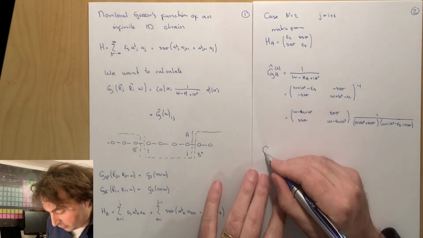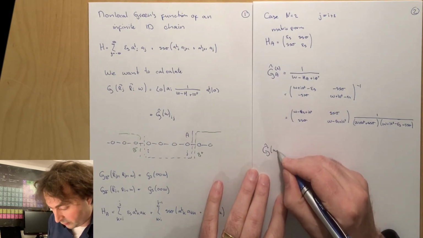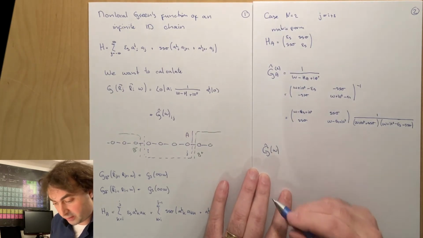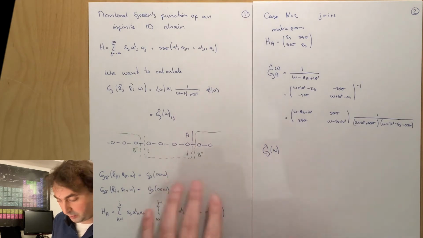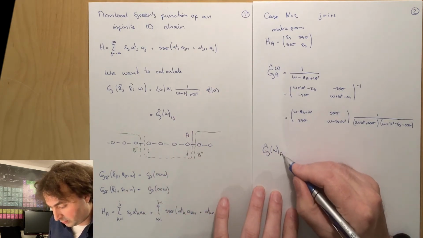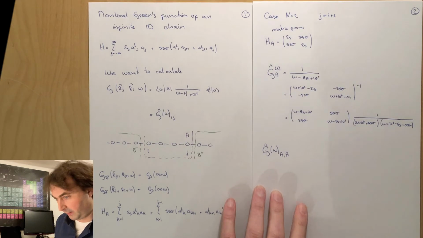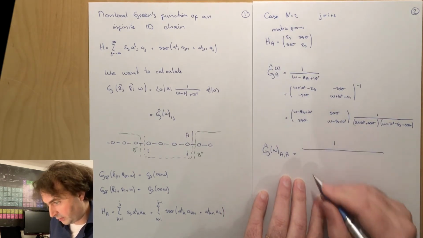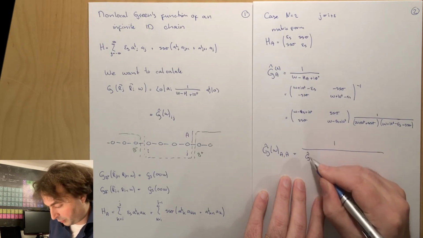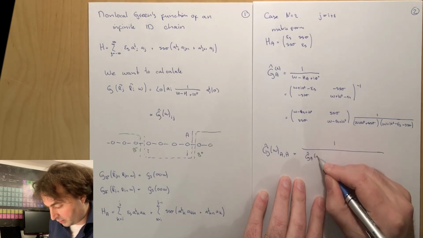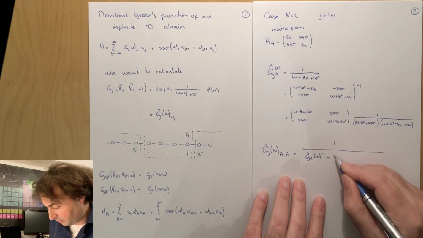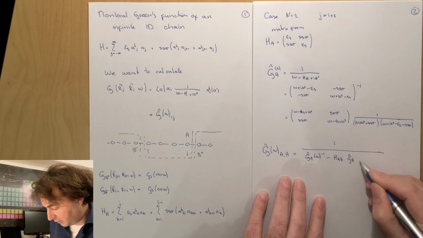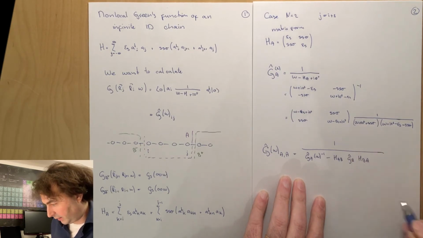So we want to look at the full Green's operator, but this is in principle an infinite by infinite matrix, and we're only interested in the elements that belong to subsystem A. And this is given as 1 over the propagation of the subsystem A minus how you couple between A and B, and then propagate in B, H_BA.